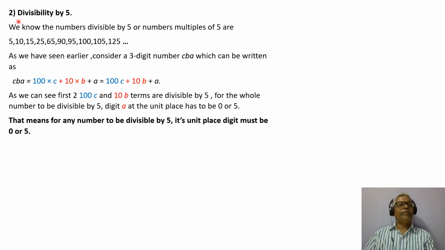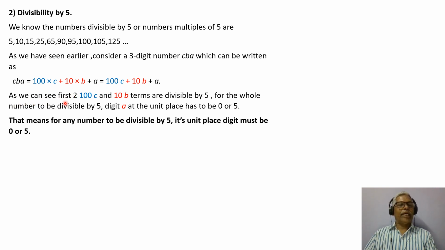Second one, divisibility by 5. We know the numbers divisible by 5, or multiples of 5, are 5, 10, 15, 25, 65, 90. As we have seen earlier, consider the three-digit number CBA again, which can be written as 100 into C plus 10B plus A. Seems to be the same argument.